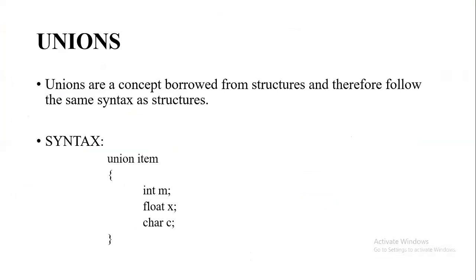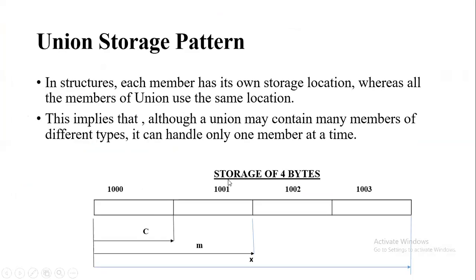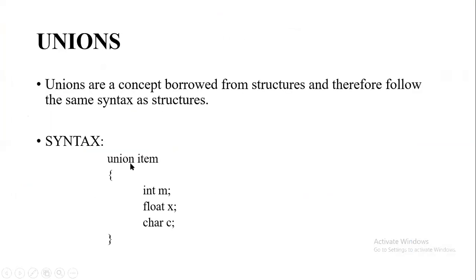So if we are defining a union, the syntax is exactly same. Okay. But the keyword in struct, it is union. Note this keyword. Sorry. Keyword is union and name of the union is item, right? And this is also heterogeneous collection. Now you may ask me, if it is working same, why do we need both, right?